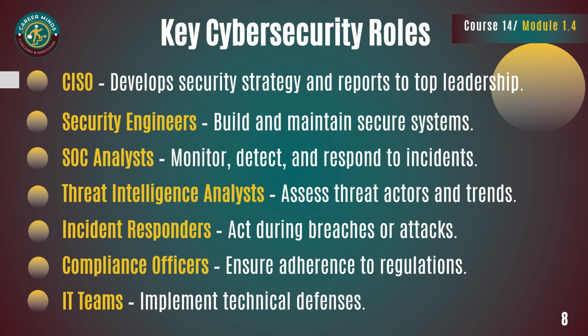Think of them as the security architect, laying out the blueprint before construction begins. Next, we have the security engineers. Those are the builders. They design and implement security systems. Their day-to-day includes things like firewall configurations, vulnerability remediation, secure code reviews, and system hardening.